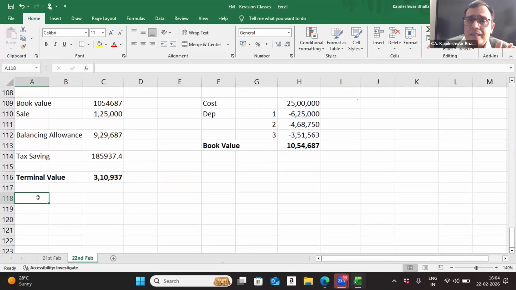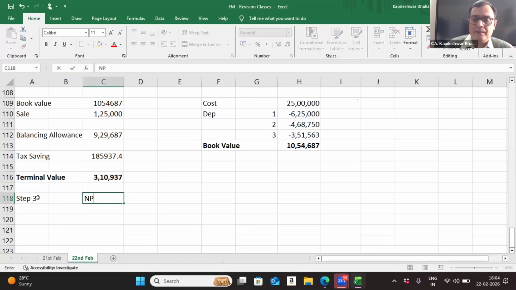Once you do the CFAT statement, everything is well organized. In step number 2A, you organize your working capital. In step 2B, the CFAT, and then in step 2C, organize the terminal value. Now with this, you've got all the information ready, which can be fit into the NPV statement. So finally, we go to step number 3, which is the NPV computation.